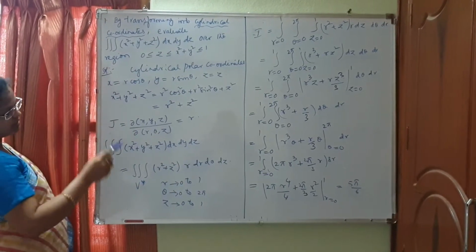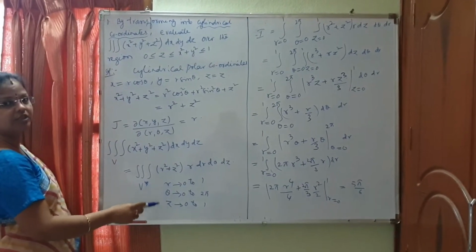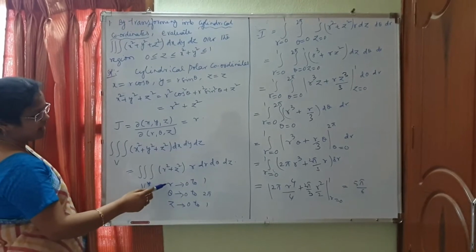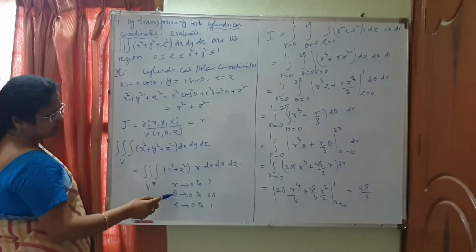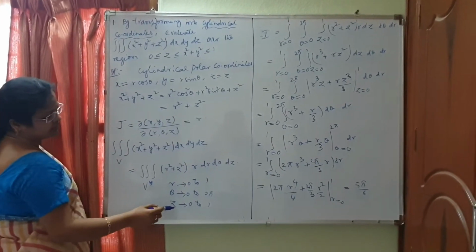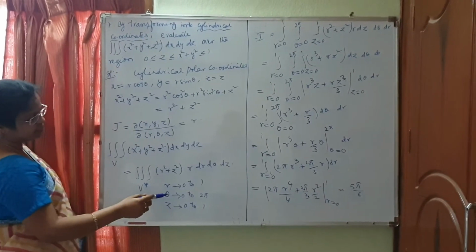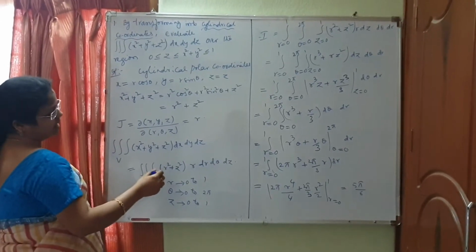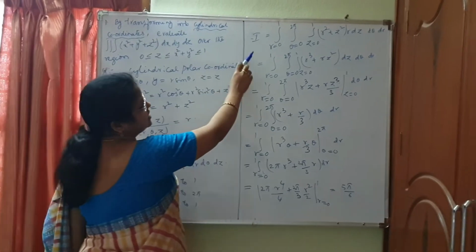From the given information, we write the limits of integration in cylindrical coordinates as r varies from 0 to 1, theta varies from 0 to 2 pi, z varies from 0 to 1, and substituting all these limits into the RHS, we get this integral.